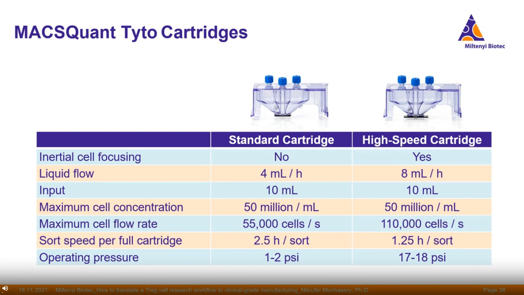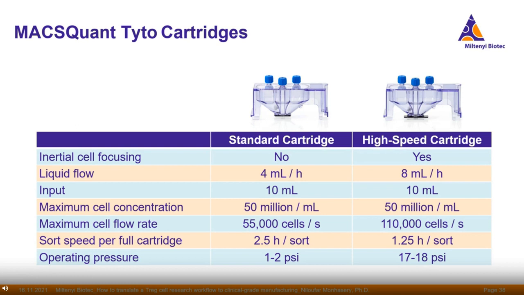And look, liquid flow in a standard cartridge is 4 milliliters an hour, but in the high speed cartridge you can analyze 8 milliliters per hour of the samples, and inputs for both of them are 10 milliliters. Maximum cell concentration in a standard cartridge is 50 million per ml, and also in the high speed cartridge.